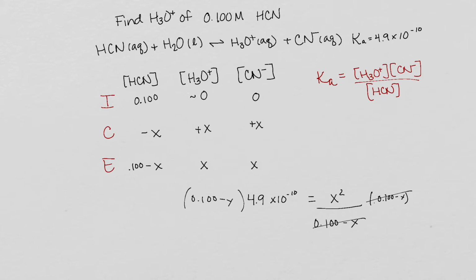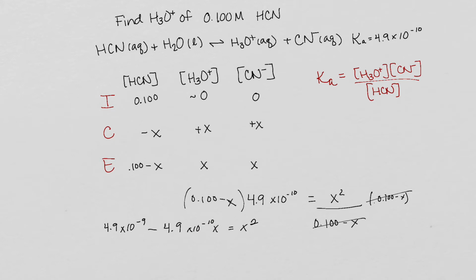Okay. And then I distribute. So now I have 4.9 times 10 to the minus 9th minus 4.9 times 10 to the minus 10th x equals x squared. And then I will add this value to both sides and subtract this from both sides.